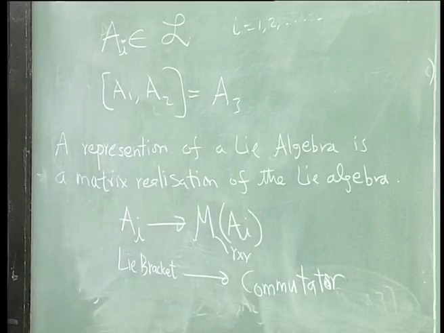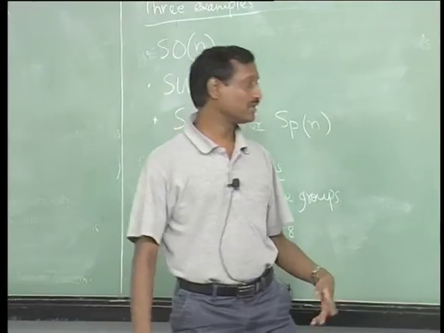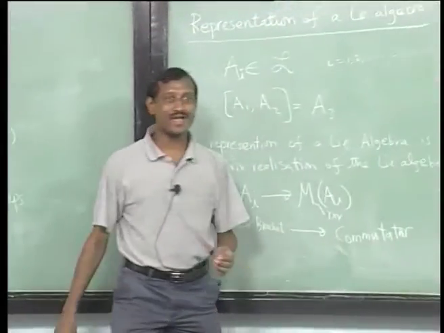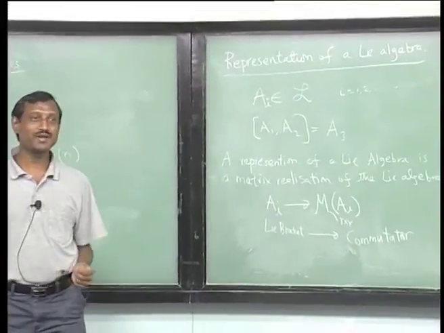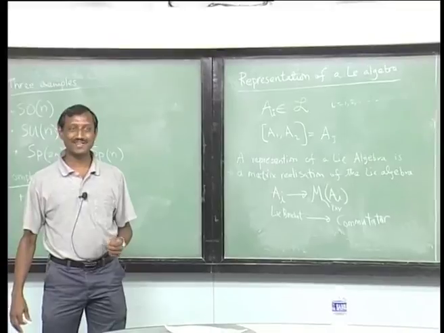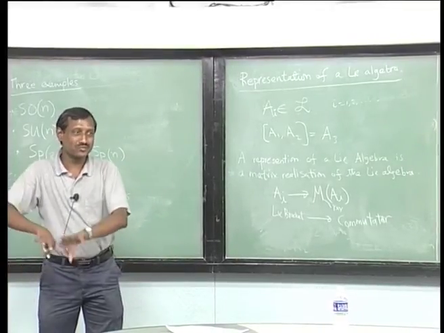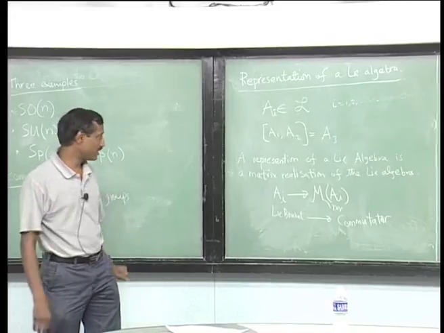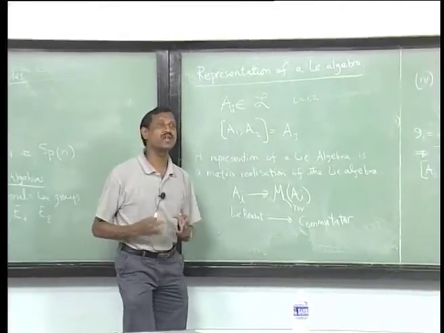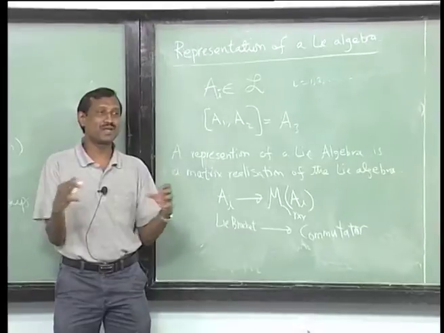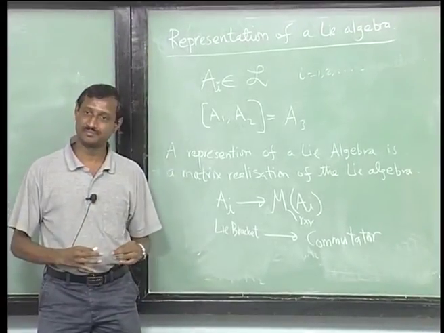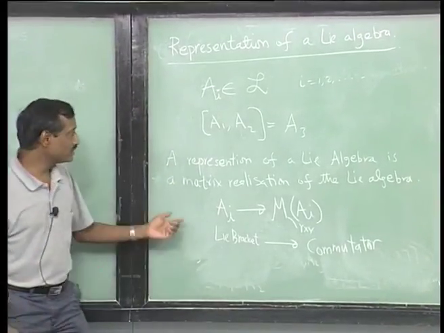For instance, there is one representation which will work trivially. Suppose I say that every A_i gets mapped to a matrix of zeros, it will satisfy all your conditions very trivially, but you would like to get rid of those things. There will also be a notion of irreducible, in the sense that you cannot break it down to something smaller. And you will see that again.